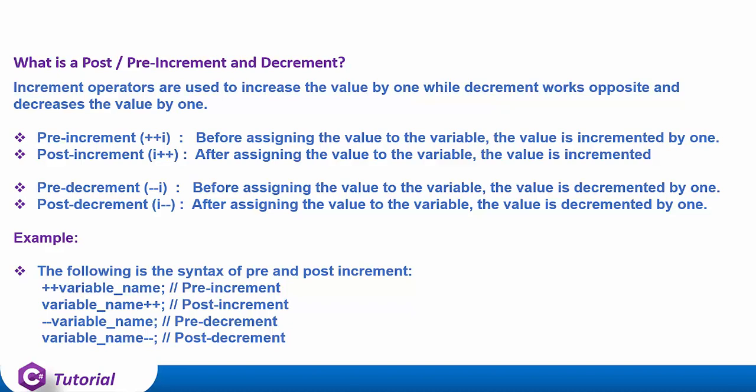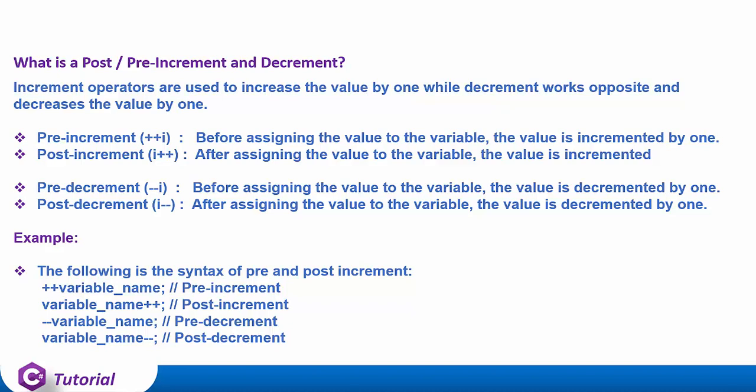So the pre-increment comes like you just add the plus plus sign and then you put the variable name, and for the post-increment you just add the variable name, then the plus plus sign. So it works like that.